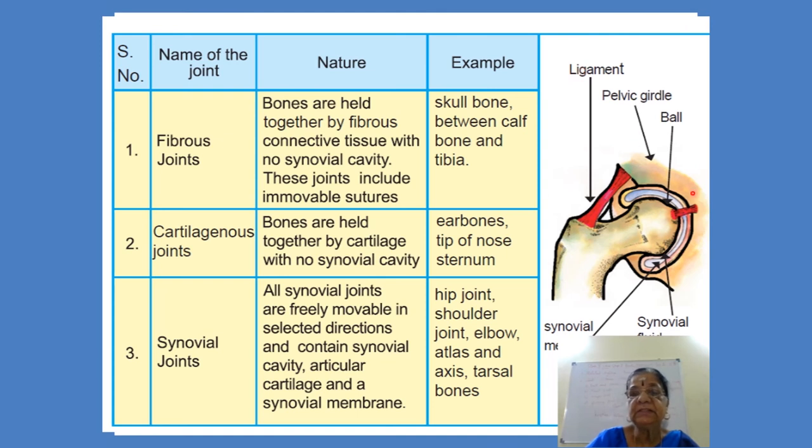Now this is the diagram for the pelvic girdle. We previously studied a table column in green color, it is the same: fibrous joint, cartilaginous joint, synovial joint. Example, you go through this. Fibrous joint, cartilaginous joint, synovial joint. This is the same type as the green one we studied before. Okay.